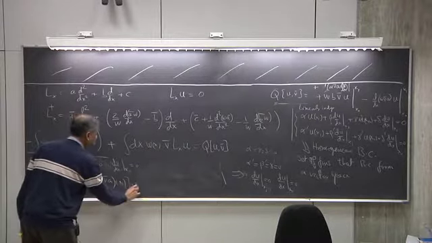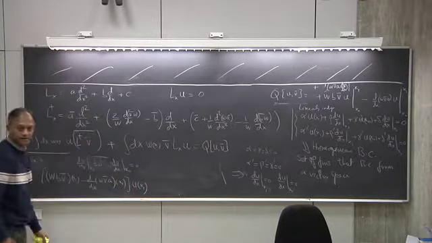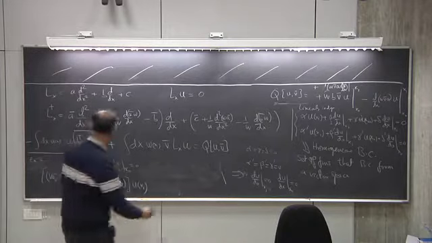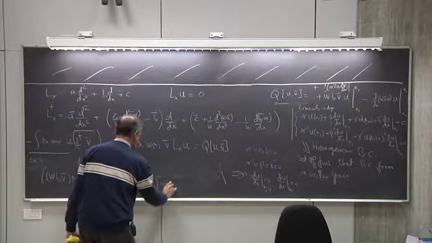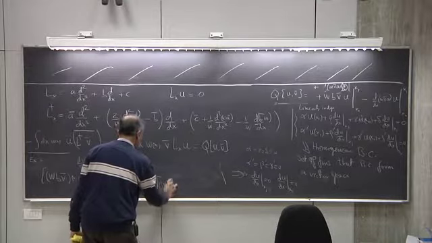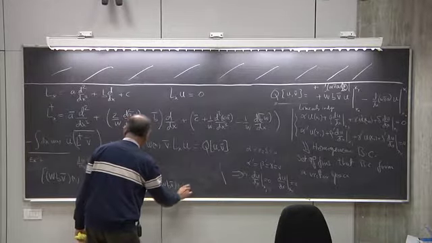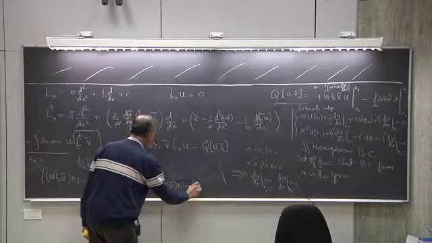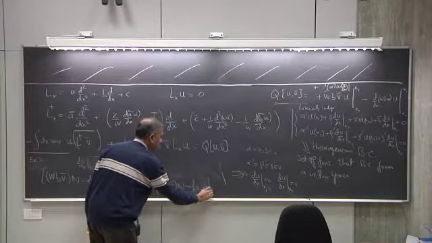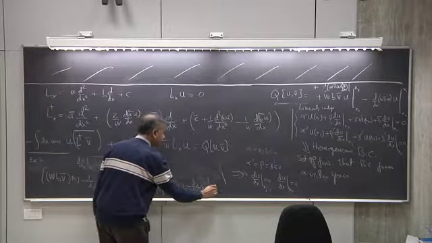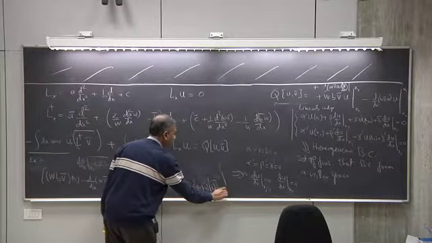This is multiplying u at x1, right? And then there is a similar expression, the same thing just evaluated at x naught, multiplying u of x naught.